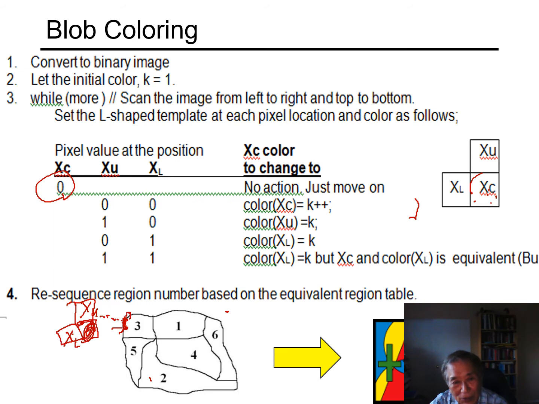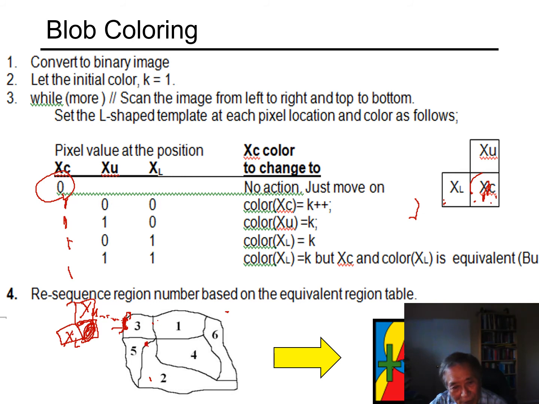But if it turns out that the current one is a boundary, as a 1, then okay, this is a boundary. And then look at the pixel above and the one to the left. If the above is 1 and the left is 1, or both are non-boundary, that is very much like a situation maybe somewhere around in here. Yeah, this one, like that.